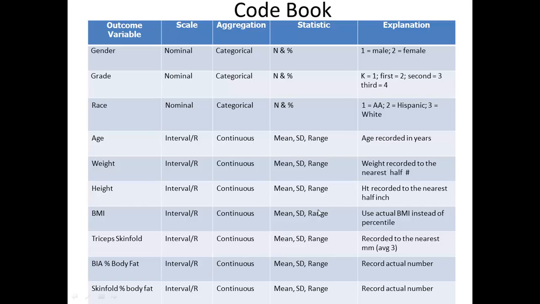The fourth column tells us how the variable will be displayed or interpreted. We've already said that categorical data can only be displayed as number and percent, also known as mode. But continuous variables can be displayed as mean, standard deviation, and range.